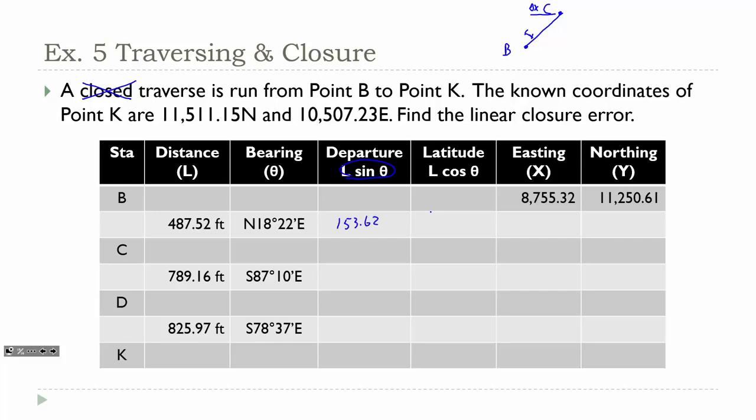And then cosine? 462.69. So it makes sense that at that angle our delta Y is going to be much larger than our delta X. That's supposed to be an arrow showing the angle.